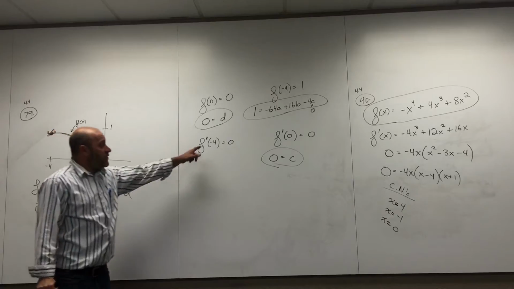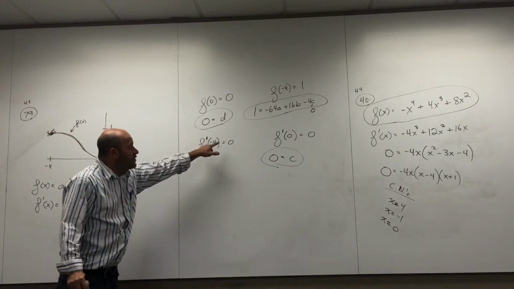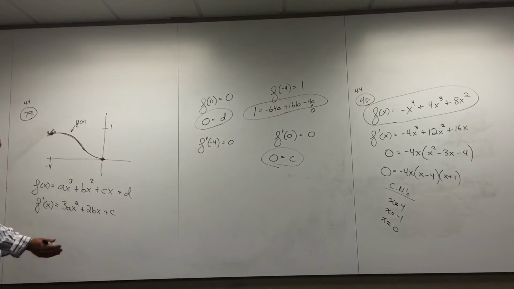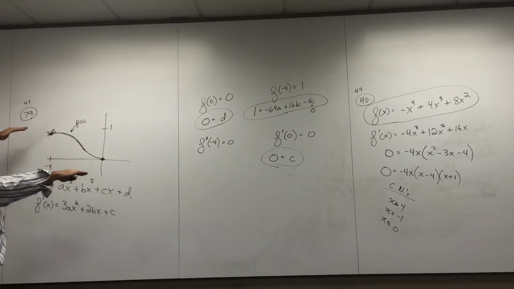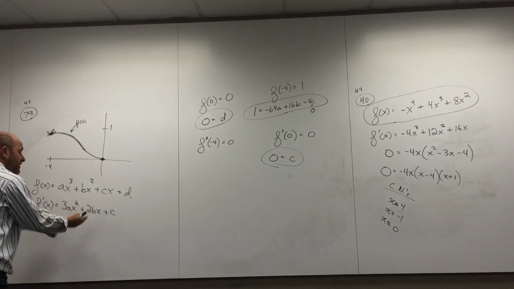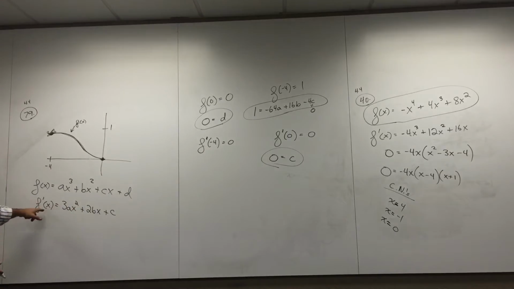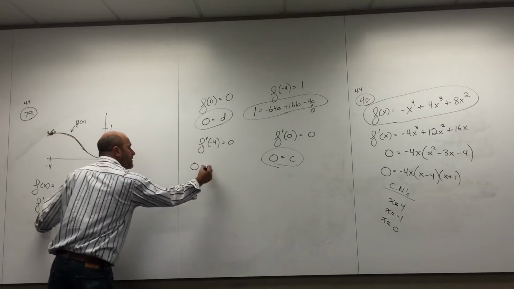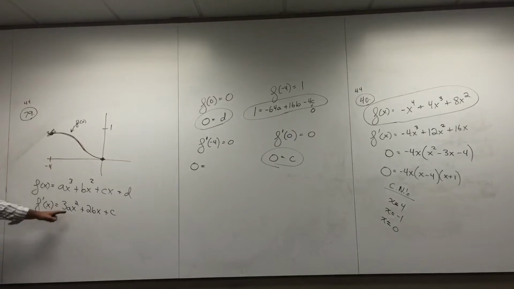What does this say? If you plug -4 in the derivative, you get 0. That's the 2 ideas we had because those slopes were 0. So if I plug -4 into the derivative, you get 0. Okay, this will be a 0. And I'm plugging -4 into the derivative. That's 16 times 3, that's 48a.